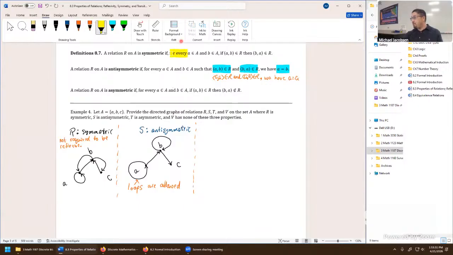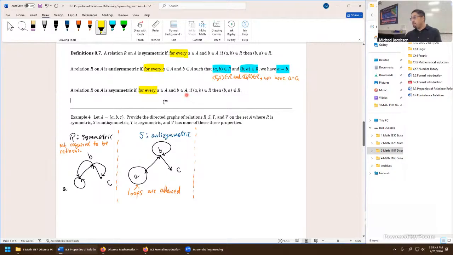I want to also highlight this part, the for every. These are universally quantified statements, just like reflexivity and irreflexivity. And here's how this one goes. If A is an element of the set A, and B is an element of the set A, for any pair of elements, if AB is in R, then BA is not in the set R whatsoever.